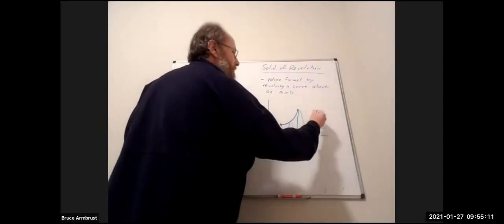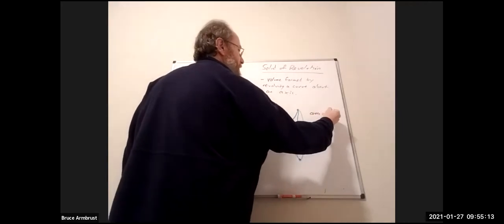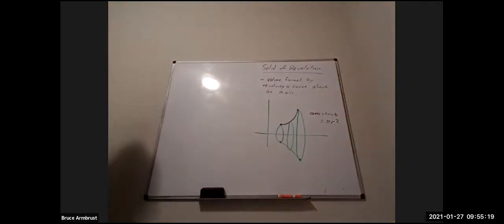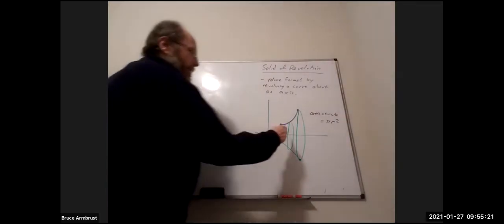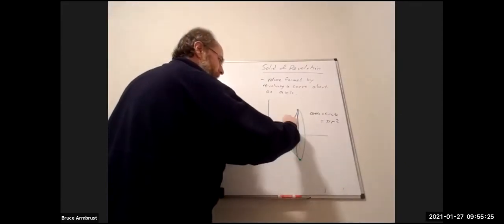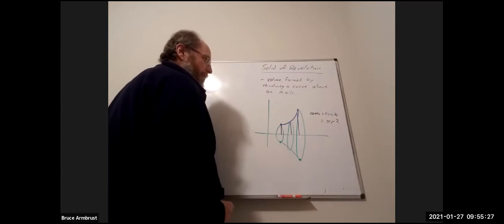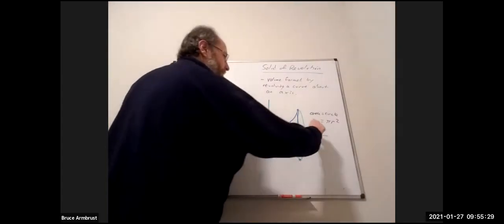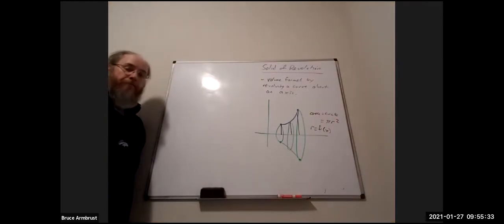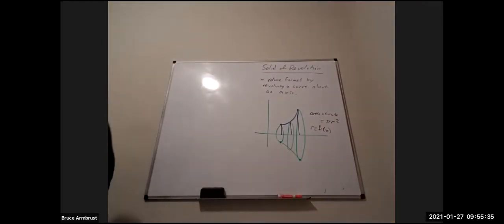All right, well, the area of a circle means we need pi r squared. And the thing about this radius is that the radius changes with the function, and it's exactly f of x. It's exactly f of x.